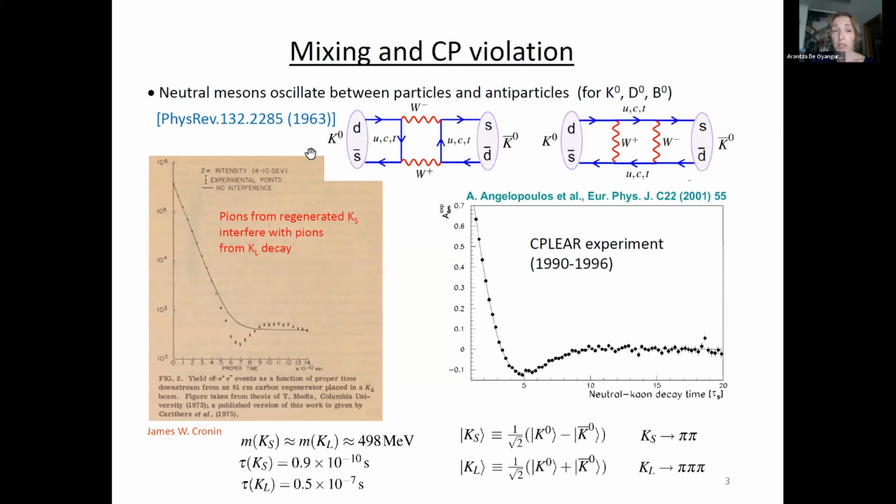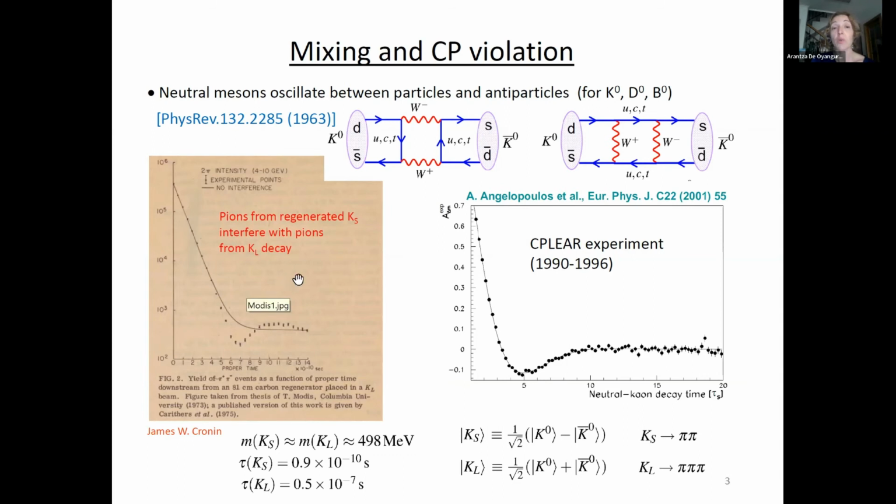This was already observed in the 60s: you have the K short and the K long, which decay to 2 pions and 3 pions, and at the time it was observed that you have a regeneration.